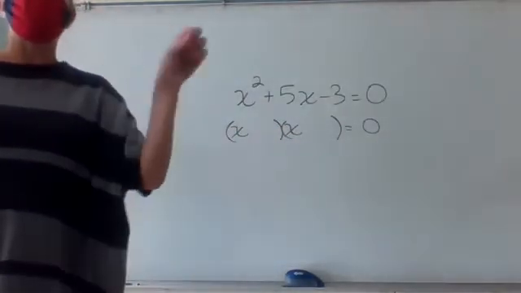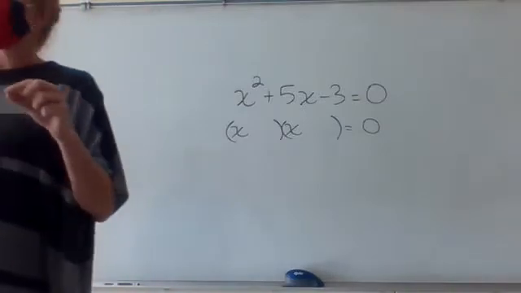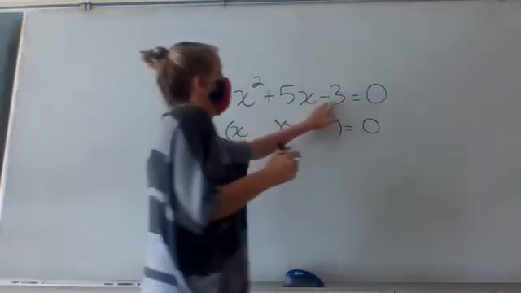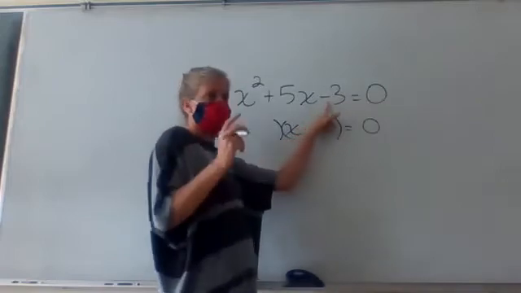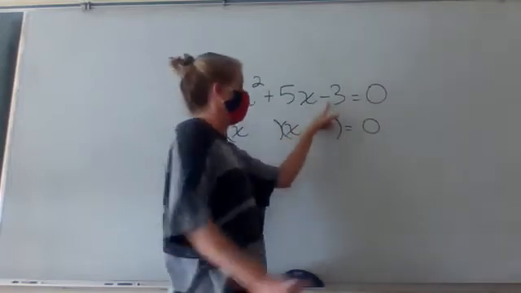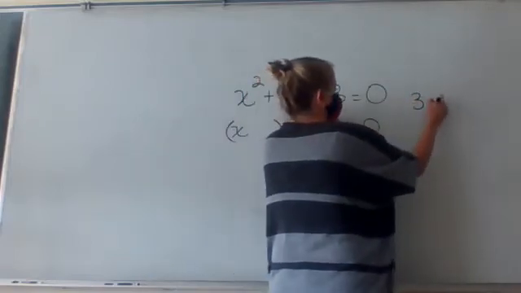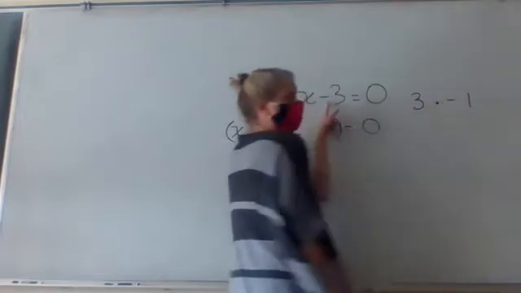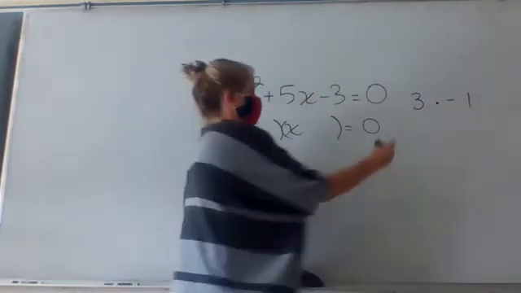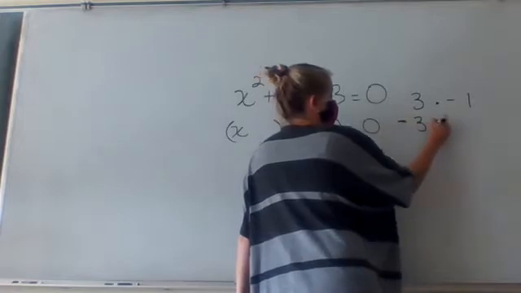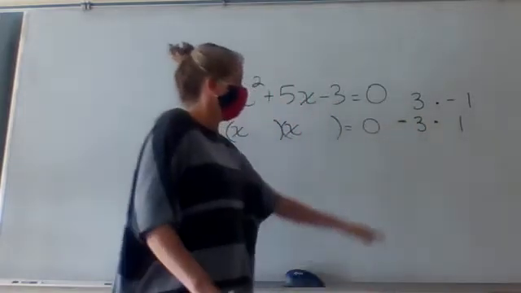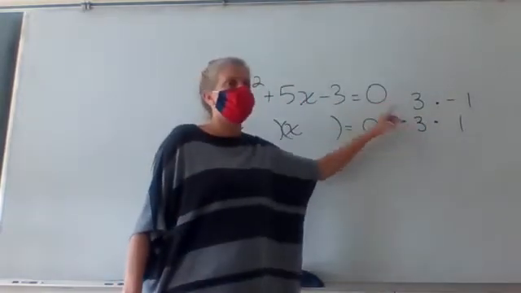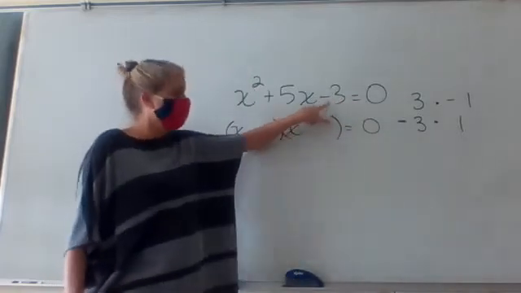There's two ways to do that, just by flipping your signs, right? Because if you're multiplying to equal -3, you're going to need a positive and a negative. So I can either do it with +3 times -1, or flip those signs around, -3 times +1.